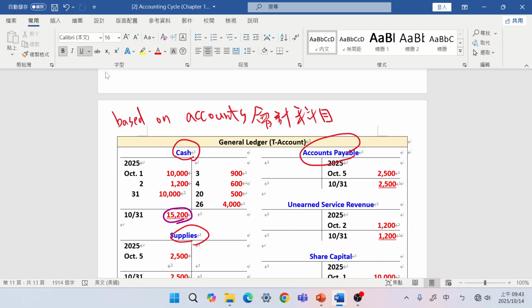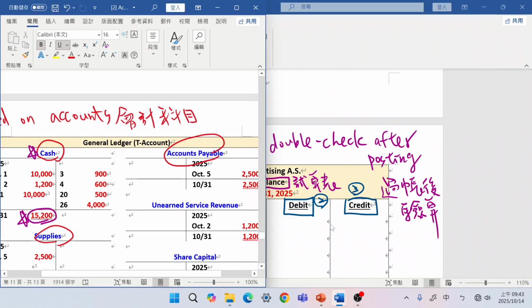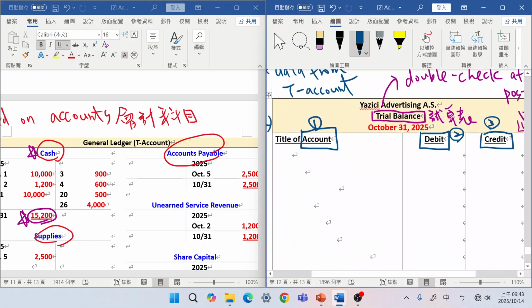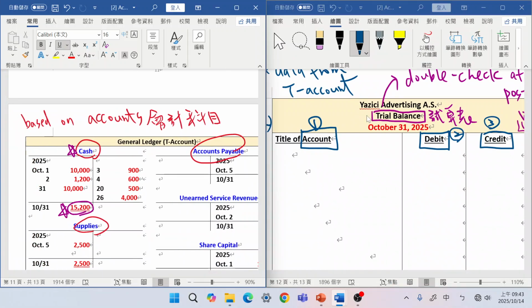So I just copy cash, $50,200, and write the numbers on my trial balance. So first is cash, right? So I write down cash, debit balance on the debit side, 50,200. Finish it.